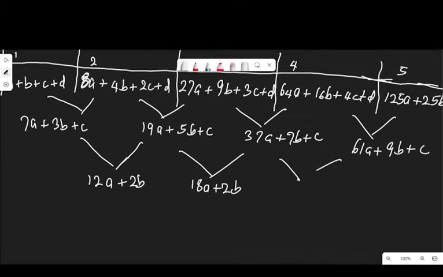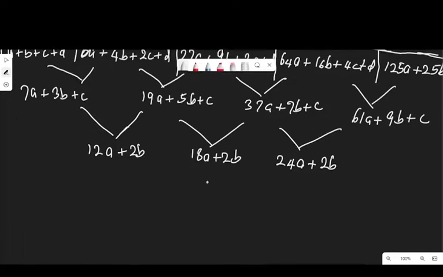Then taking the difference again. 61 minus 37 is 24. We have 24a plus 9b minus 7b, again 2b, and c minus c is 0.